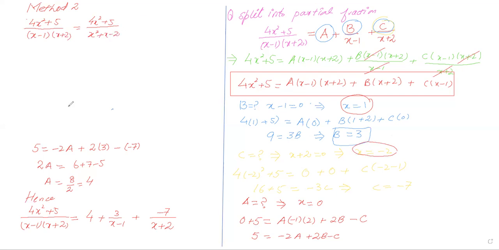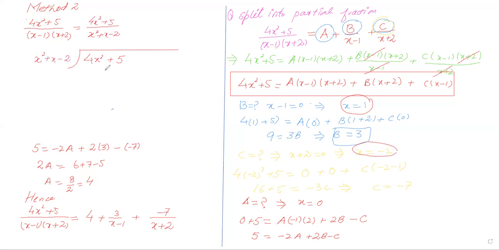I use the long division method over here, where the numerator is divided by the denominator. So 4x squared plus 5 divided by x squared plus x minus 2.